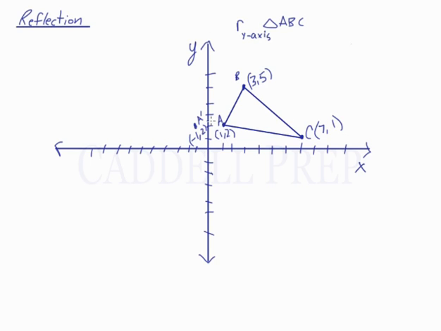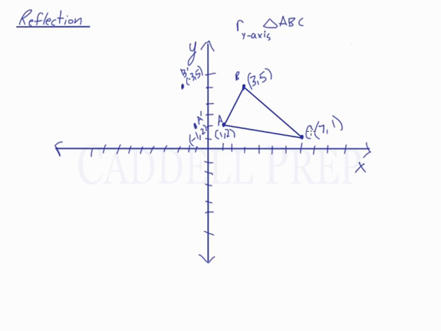If we look at B, B is at 3, 5. So that means it's 3 coordinates from the y-axis. So we're going to move 3 coordinates on the other side of the y-axis. So that'll be right here. So B prime is negative 3, 5.